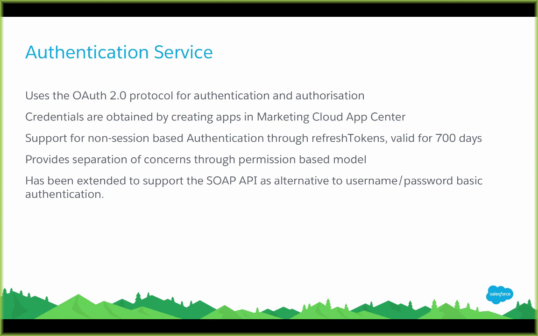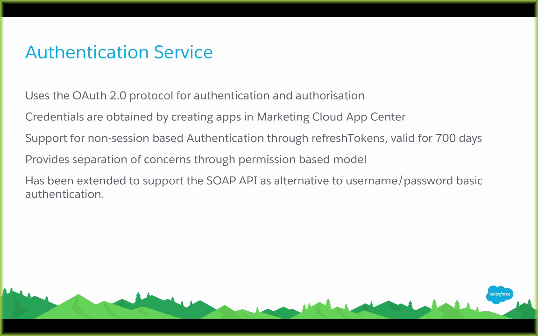So, for example, if you're just using an app to send an email, you can configure the app to add subscriber data to lists and write an email and send an email, but can't read from data extensions. And so in the event that those credentials are compromised, it enables you to control the security around your Salesforce Marketing Cloud account.